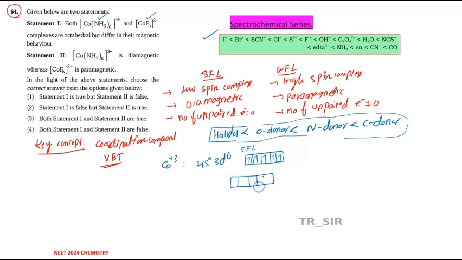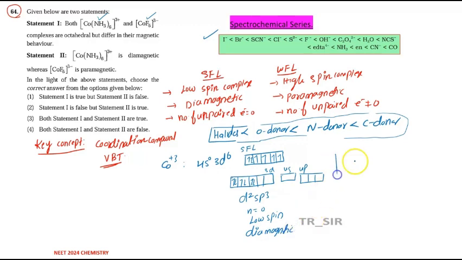When you do forced pairing, we get two vacant d orbitals. This is 3d, 4s, 4p. So we have two d orbitals empty and three p orbitals empty, so we have d2sp3, octahedral. Here the number of unpaired electrons is zero. This is a low spin complex, which means diamagnetic.